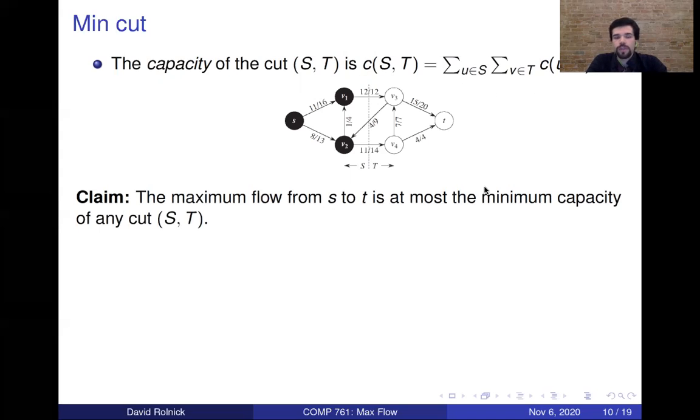So here's another intuitive statement. The maximum flow from S to T is at most the minimum capacity of any cut S, T. Why is that the case?